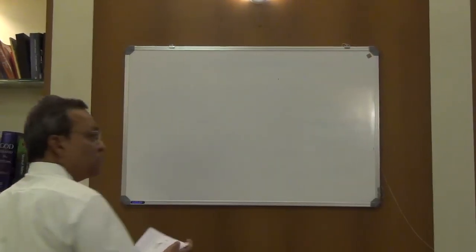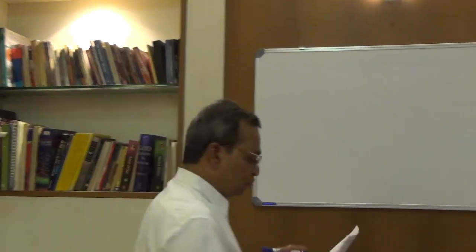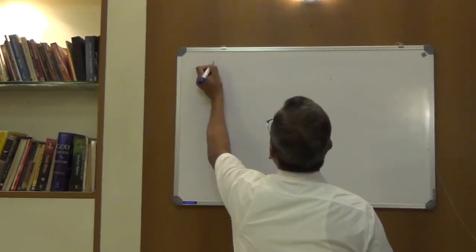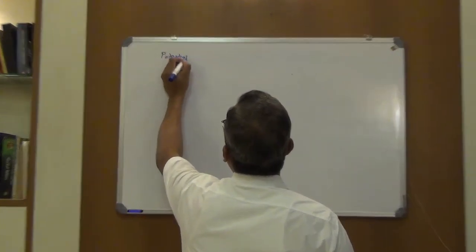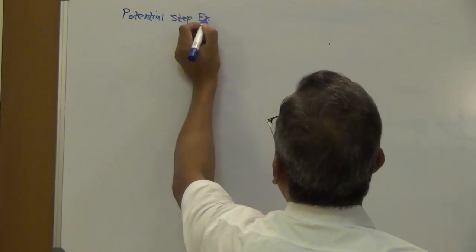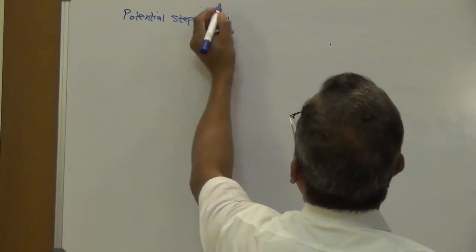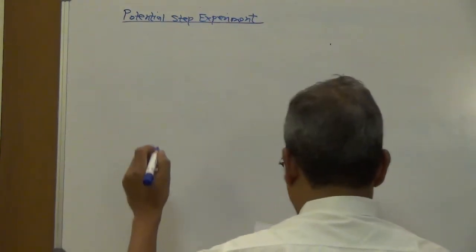Okay, last time, in the case of chronoamperometry, that is, potential step experiments, we had two boundary conditions, if you remember.